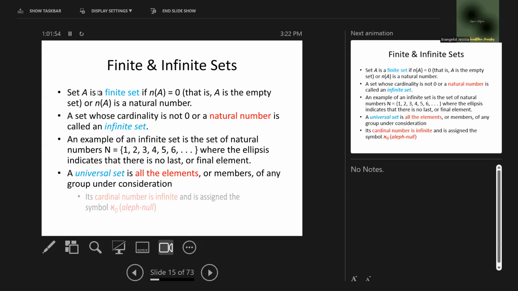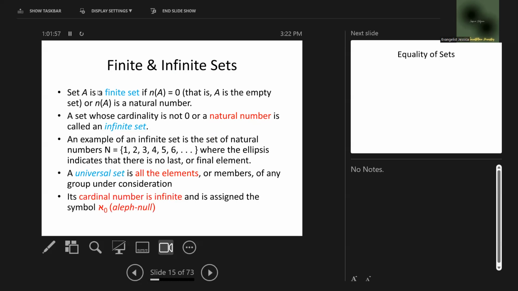And the cardinal number of the universal set is infinite and is assigned as aleph null, aleph from the Hebrew alphabet, and that little symbol looks like a 0, it means null.